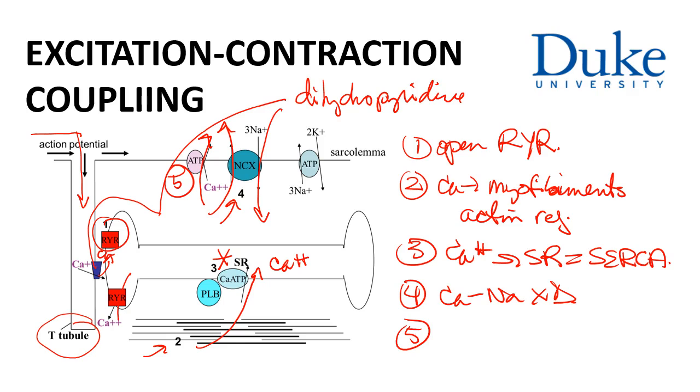And then we remove the calcium from the myofibrils by taking it back up into the sarcoplasmic reticulum or moving it back out to the outside of the cell. And then the myofibrils will start to relax and we will have a relaxation event.